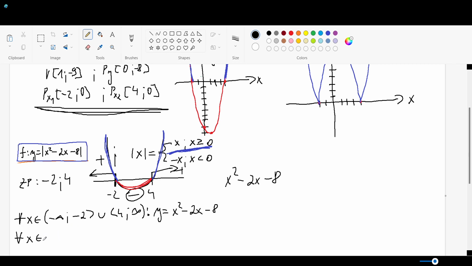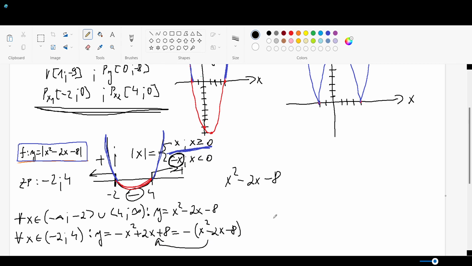And if we think about the part of the parabola from the interval -2 to 4, then our function, or the absolute value, is defined by the equation y equals -x squared plus 2x plus 8, which is equal to negative, you can see here, negative of x squared minus 2x minus 8, which is of course equal to this function.